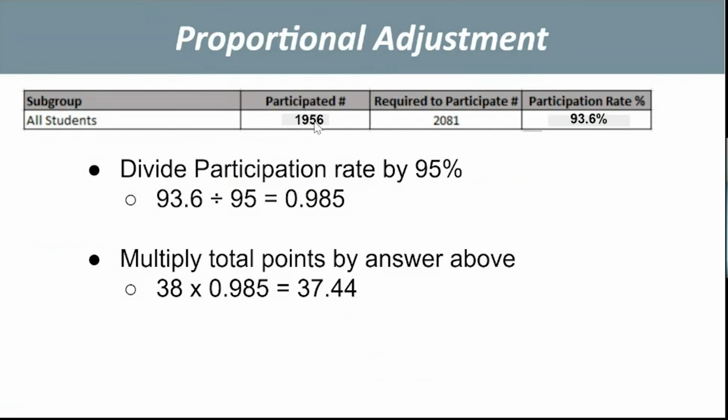So I changed our numbers, I adjusted them a little bit, and you can see that instead of a 97% participation rate, I adjusted that so that it's a 93.6. So in this example, we're a little bit below. So the way that we determine that is we're going to take our participation rate and divide it by that 95%.